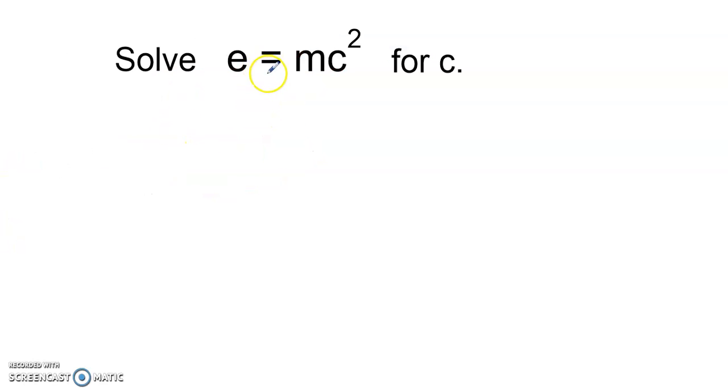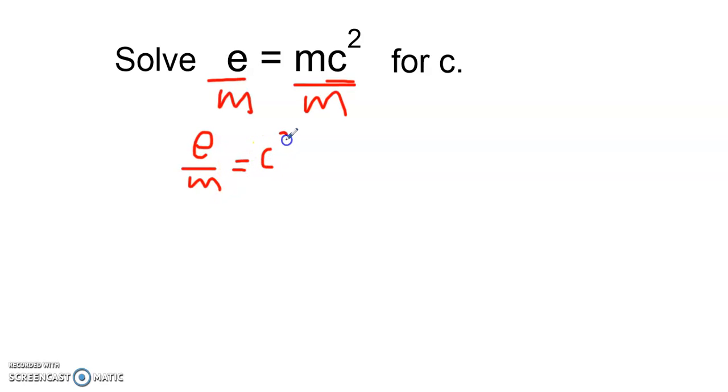Solve E equals MC squared for C. So we want C all by himself. So right now we can see that M is being times to the C squared. So we want to divide by M. So we have E over M equals C squared.